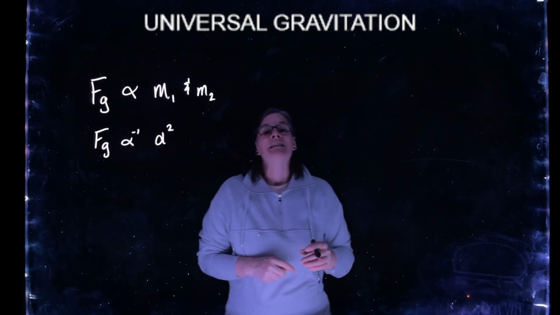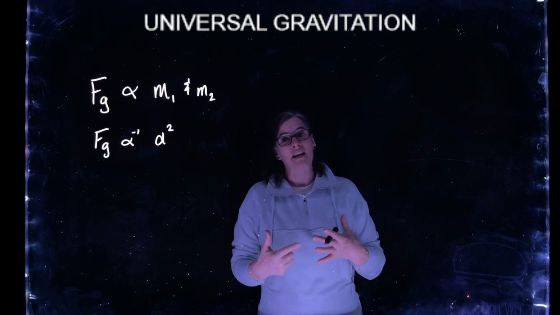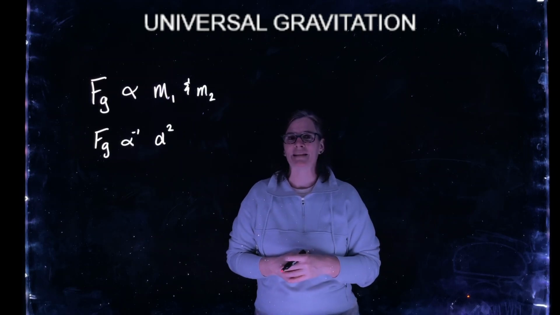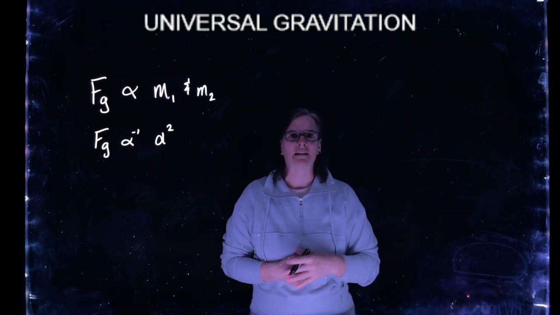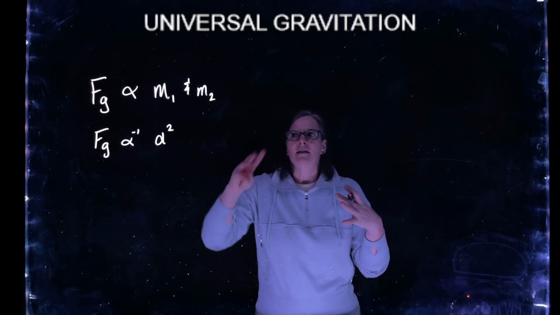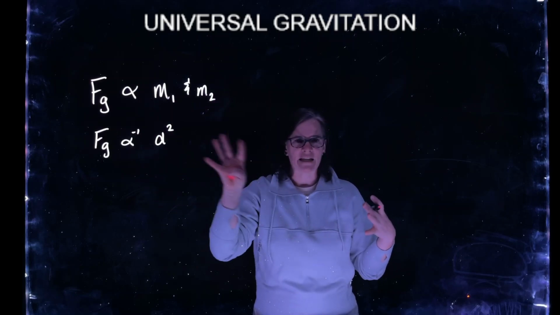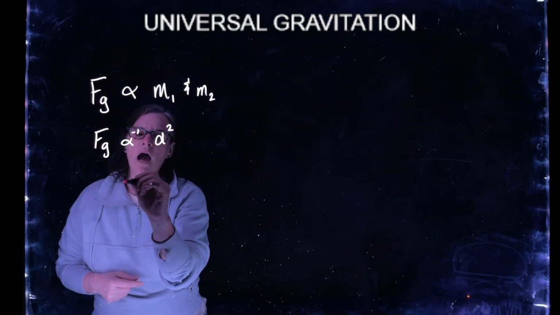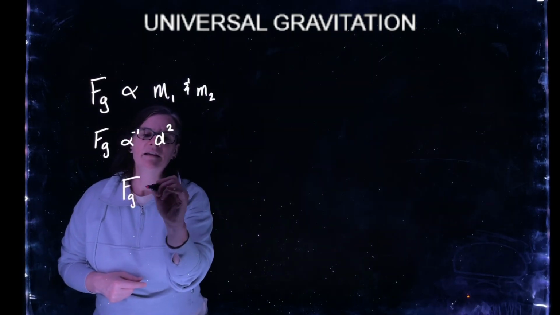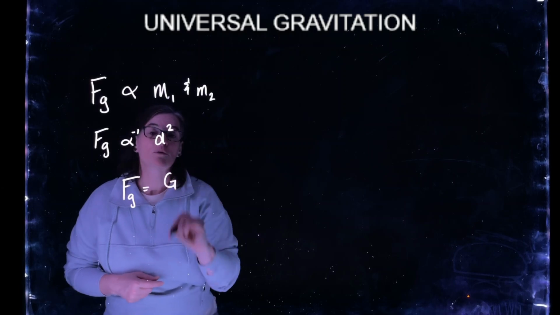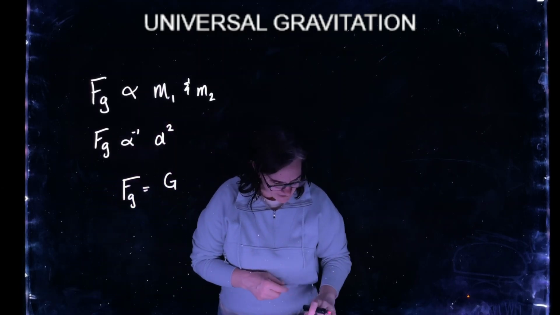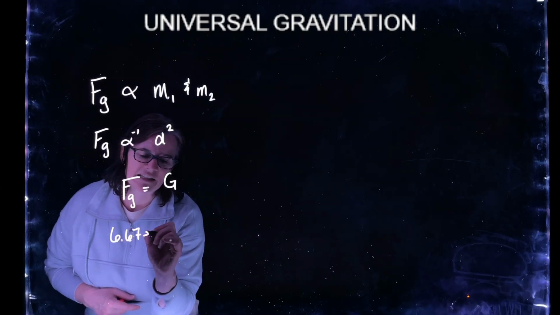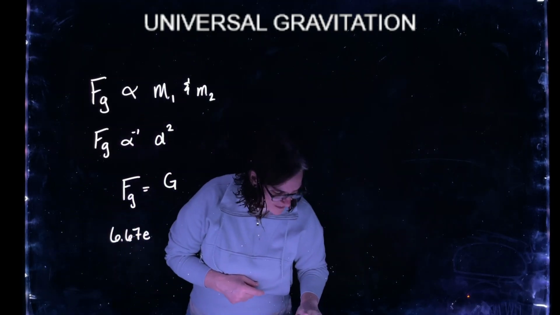All right. Now, with most relationships that are experimental, that we developed as the result of experiments, there is a constant of proportionality, some constant that relates all of these variables together. And that leads to our force of gravity. The constant is the gravitational constant, and that gravitational constant is 6.67 times 10 to the negative 11th.